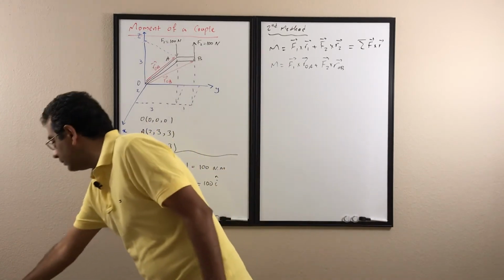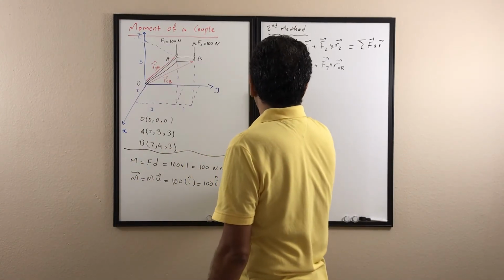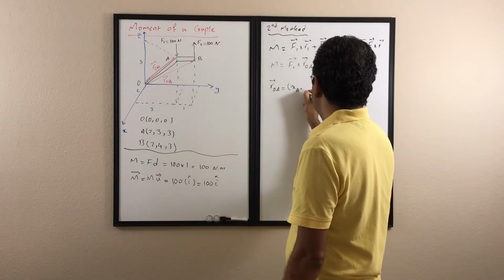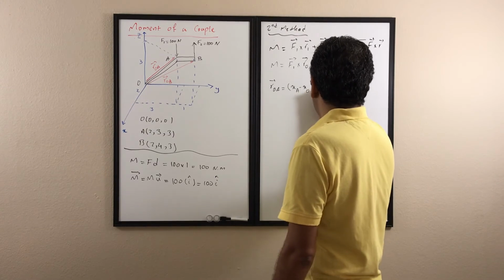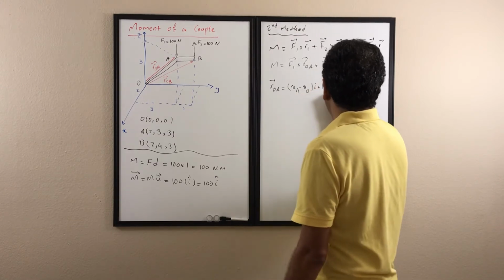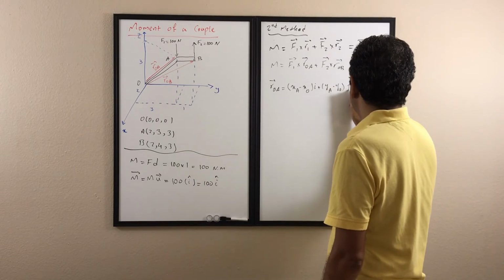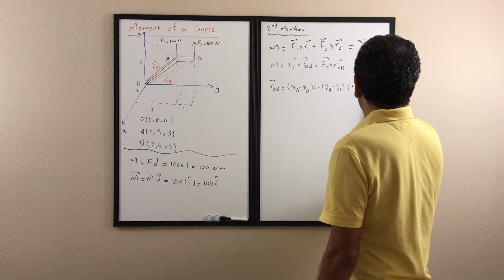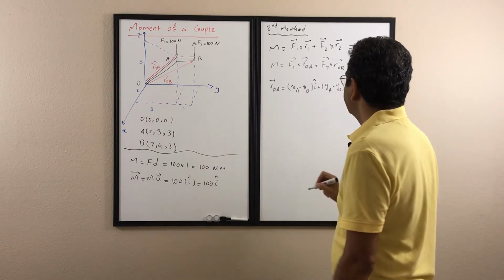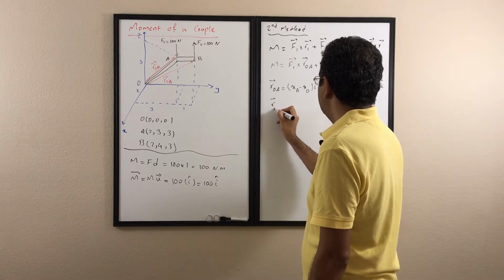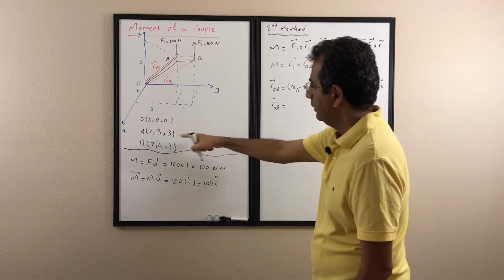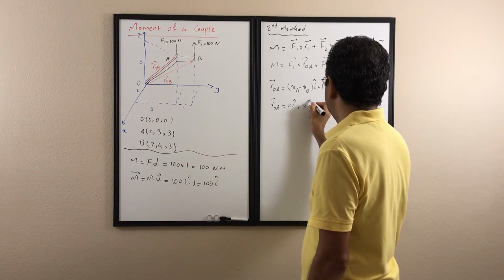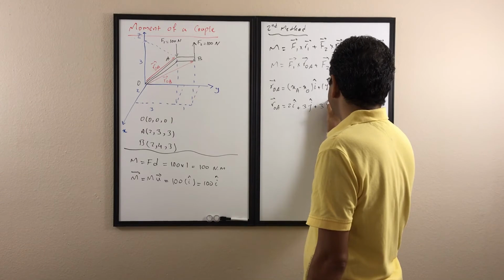Let's calculate the position vector for OA. R for OA is (XA minus XO) i plus (YA minus YO) j plus (ZA minus ZO) k. So ROA is going to be 2i plus 3j plus 3k.